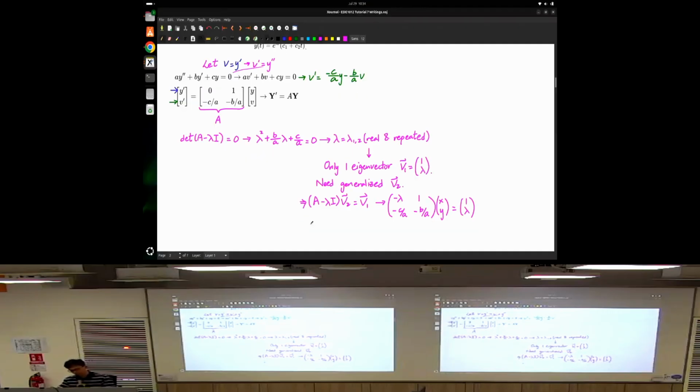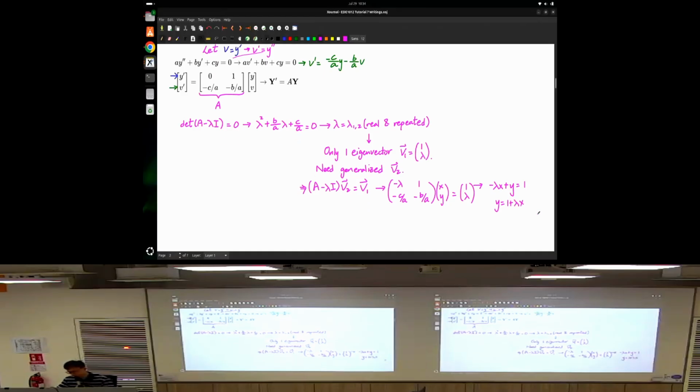If you solve it from the first row, which is easier, we get minus lambda x plus y equals 1. So it goes to show that y equals 1 plus lambda x. In this case, you can choose your x to be 0.